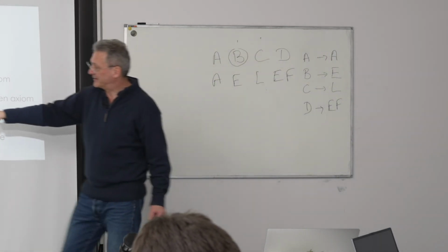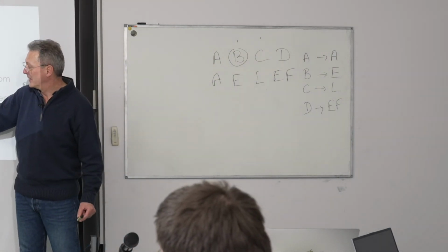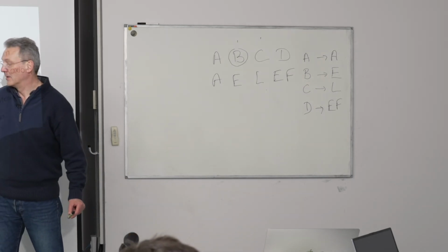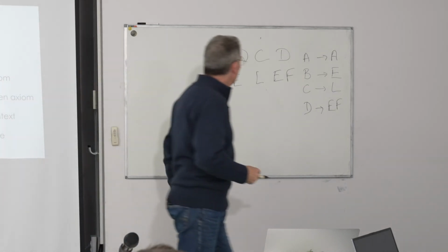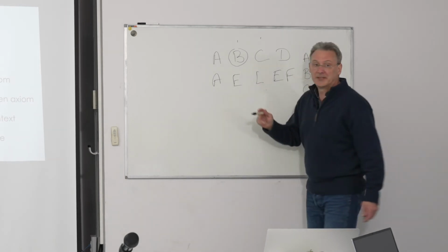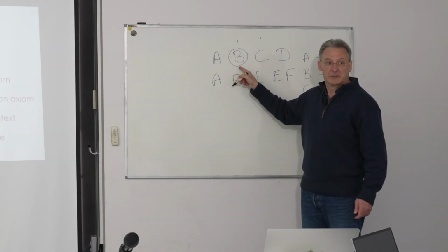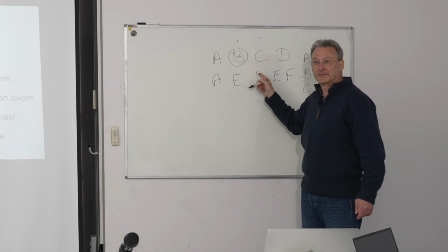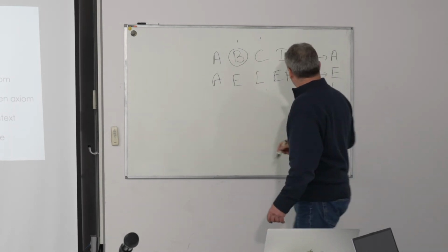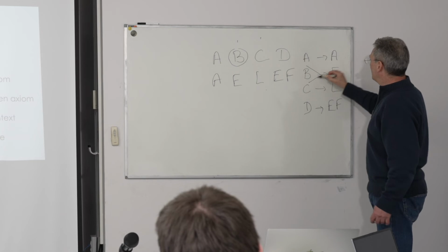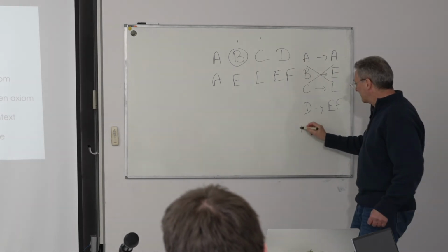Now we will look at context-sensitive. Context-sensitive means, on the opposite, that in order to rewrite the B, I need to look at the context. So I will need a rule instead of this one. Now my rule becomes a bit more complex.